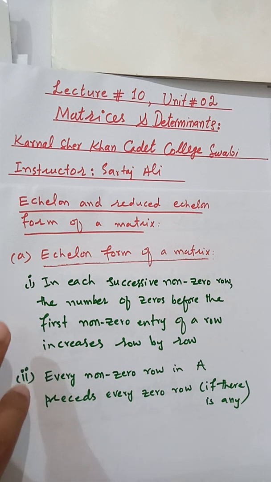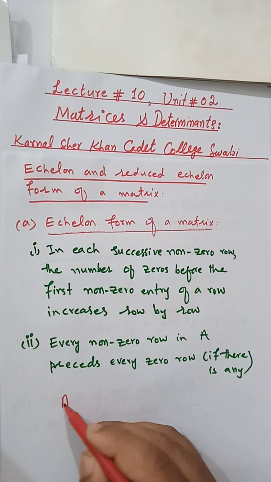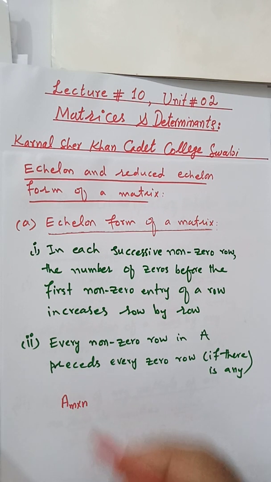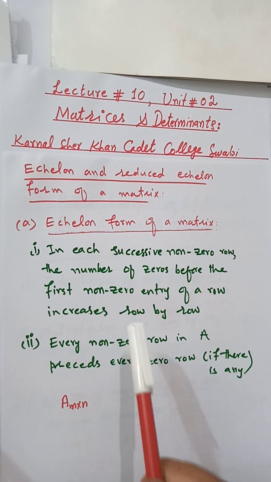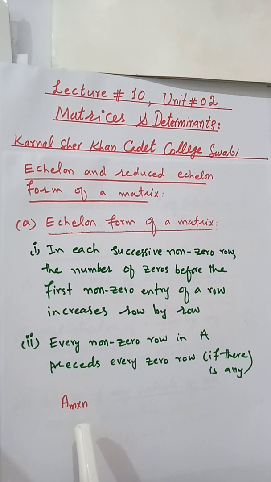If a matrix of order m by n satisfies these two conditions, then that matrix is said to be in row echelon form.